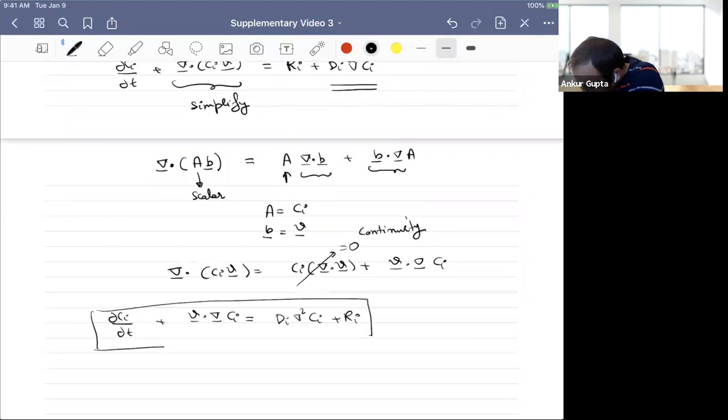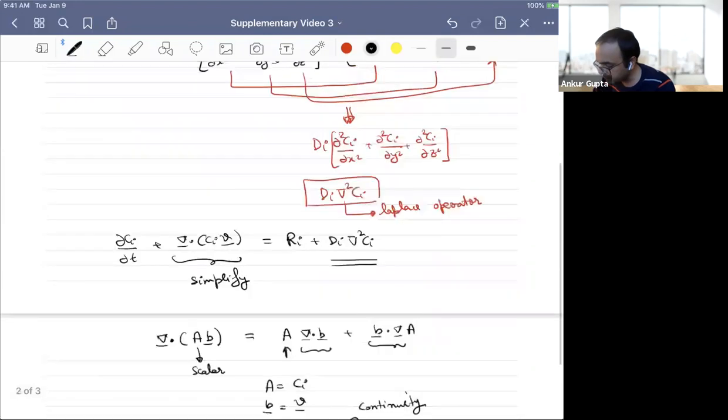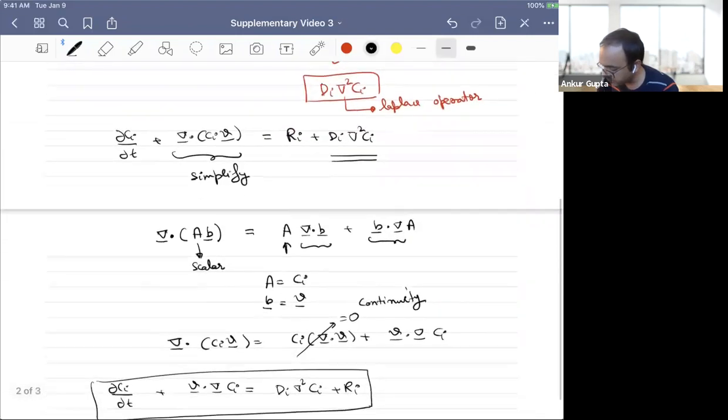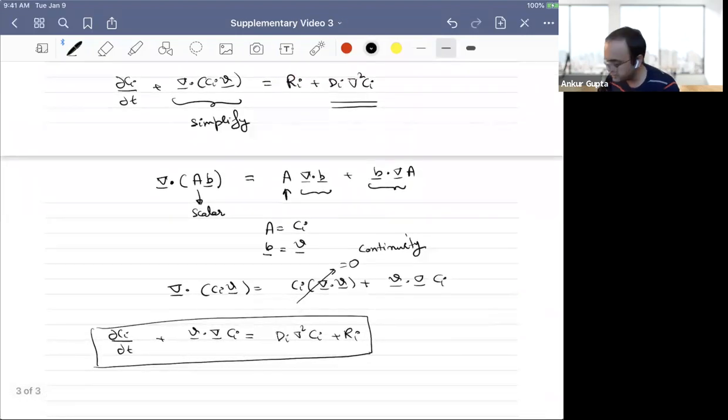I hope this clarifies what we had done in the class. I also derived what a Laplacian is: when you have a gradient and a divergence of a gradient, you get a Laplacian, the Laplace operator. We simplified this term into two parts, and by invoking the continuity equation we get this result.